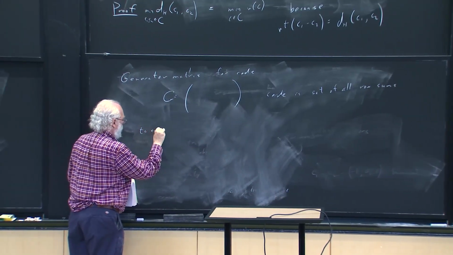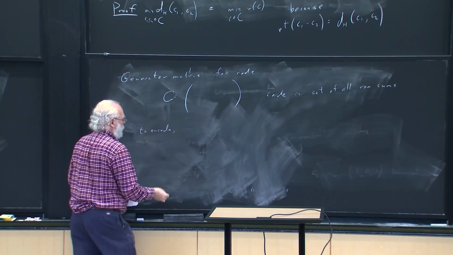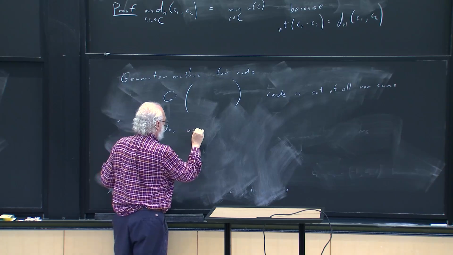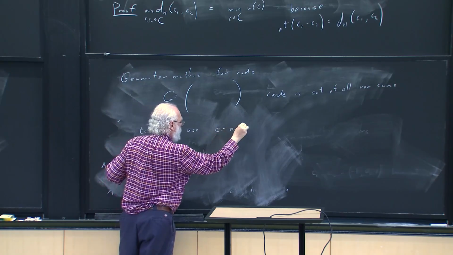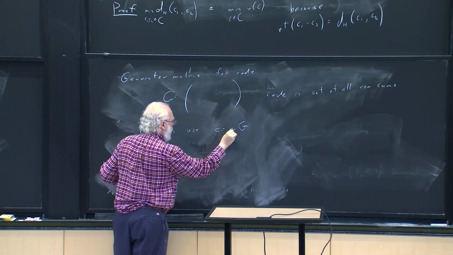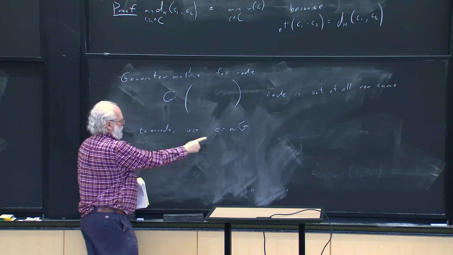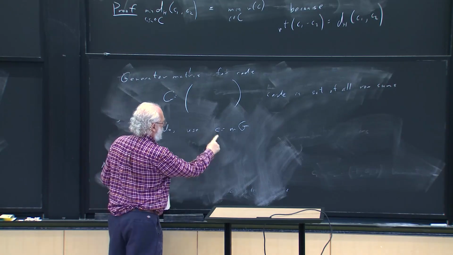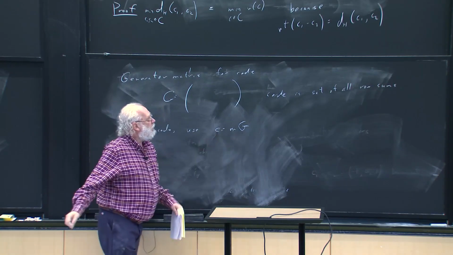To encode, use C equals M times G. So M is the message, C is the code word, and G is a generator matrix.